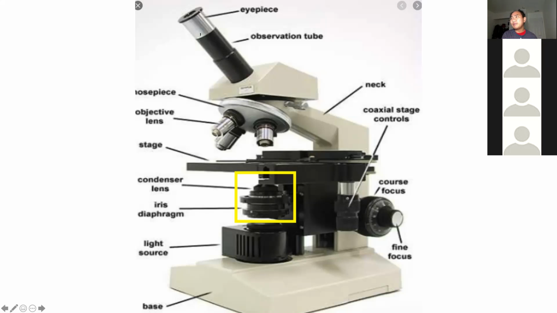But the terminologies like eyepiece, nose piece, objective lens, the stage where we put the glass slide, the diaphragm, fine focus, and coarse focus, we need to know just for communication.